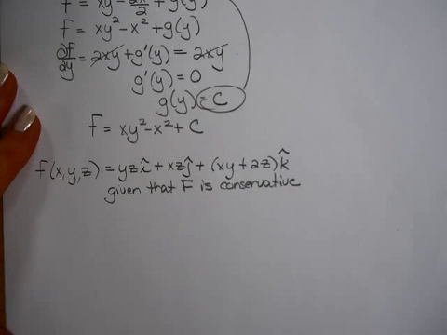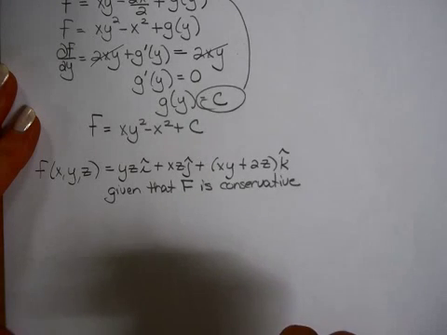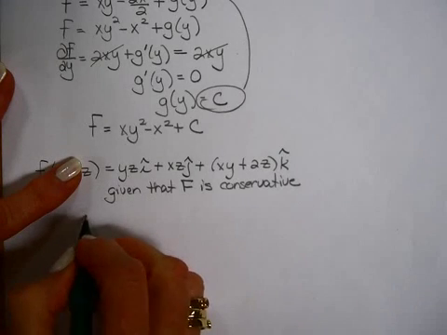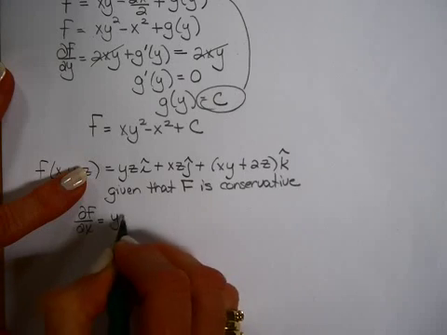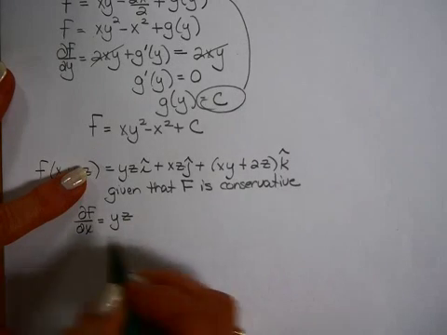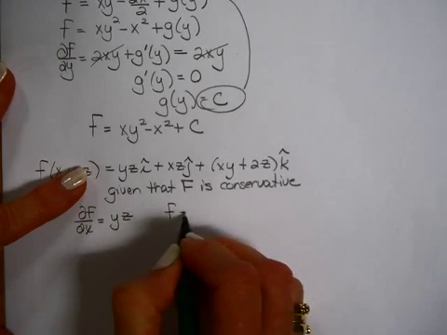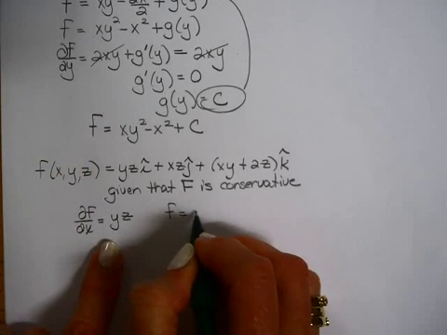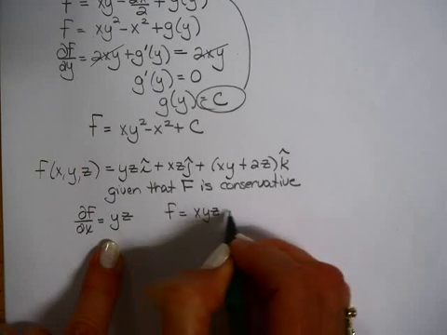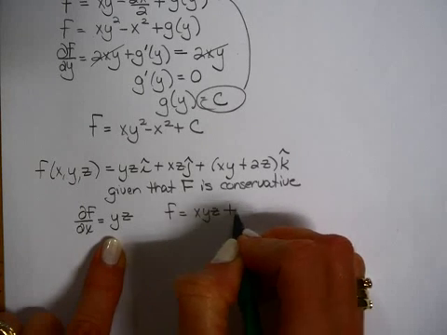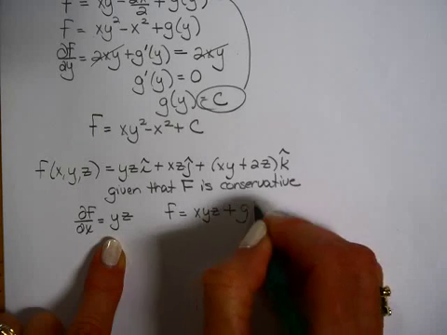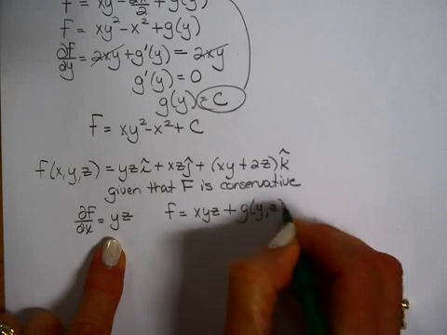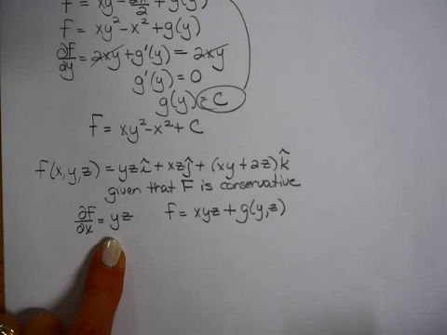But since it's conservative, you've got to be able to go backwards and find your original function. Start off just like before. This has to be the partial of the function with respect to x. If you integrate this with respect to x, then you get f is xyz plus, now this time, it is not just a function of y. It is a function of y and z, because you've got that third variable out there.